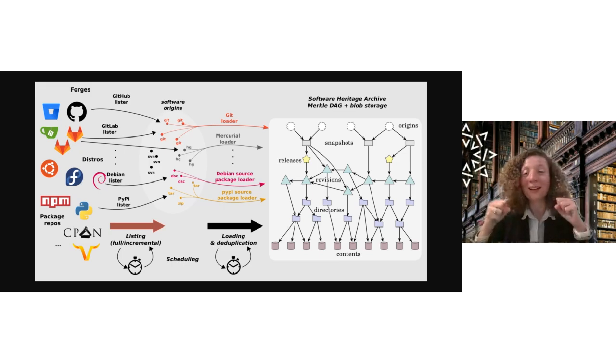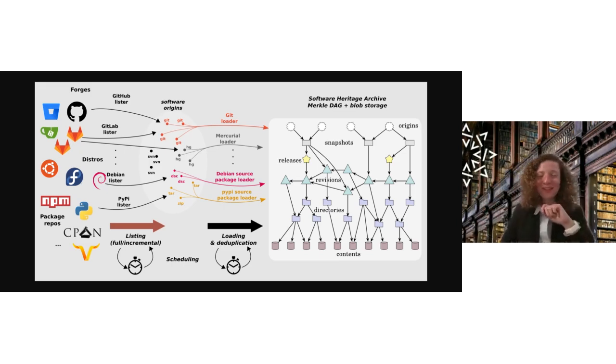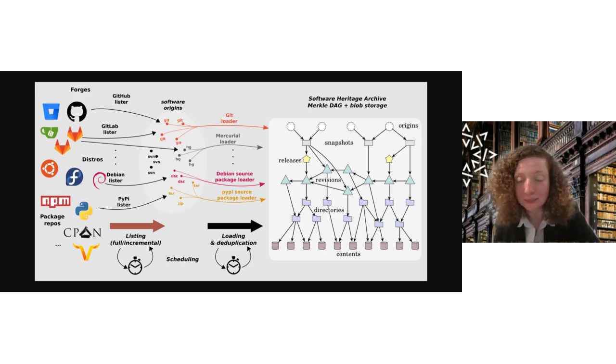So I hope that I didn't lose you with this diagram, and that it is not too technical, but this is how it works in Software Heritage, and this is why the SWHID works, because we are not duplicating the content. We are creating new links when new things arrive.